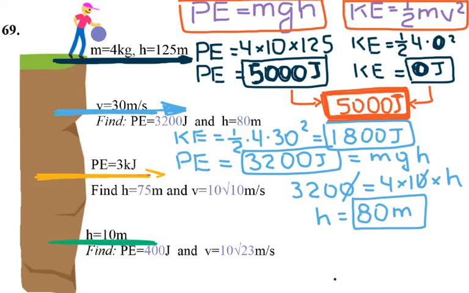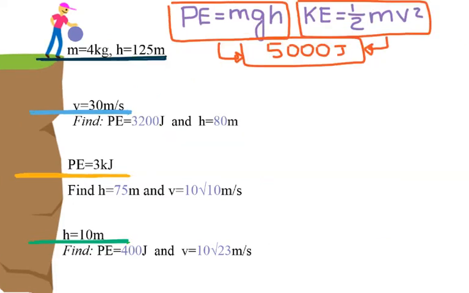Now I'm going to do similar calculations for when we have potential energy of 3 kilojoules. I'm going to go to the next page. At this position, they give you that the potential energy is 3,000 joules.